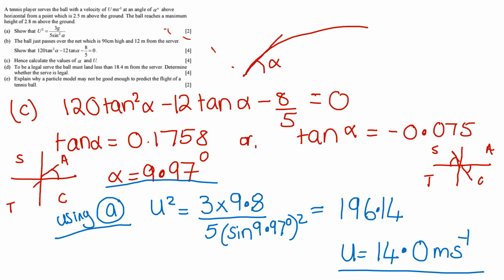That might be slightly more tricky. Let's try that on a new page. Right, part D then. To be legal, the served ball must land less than 18.4 meters from the server. Determine whether or not this is a legal serve. So you've got this little person, and they must be serving it from up high, because they're serving it at 2.5 meters high.